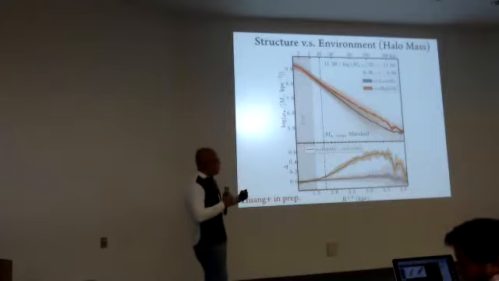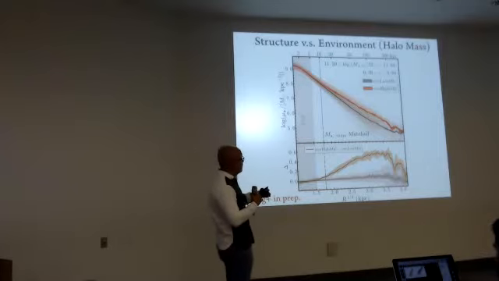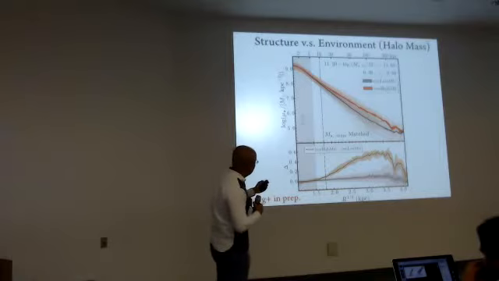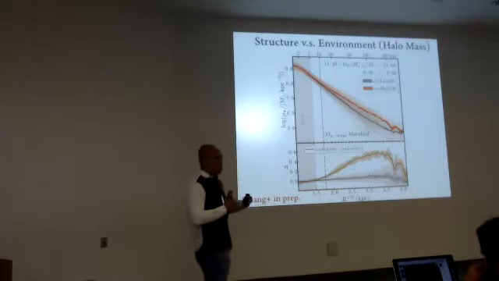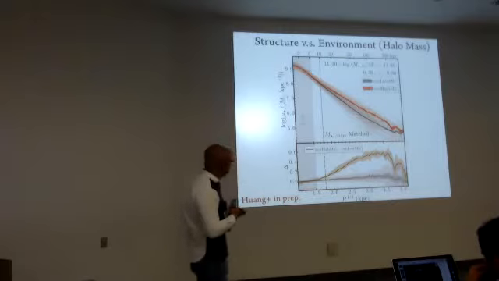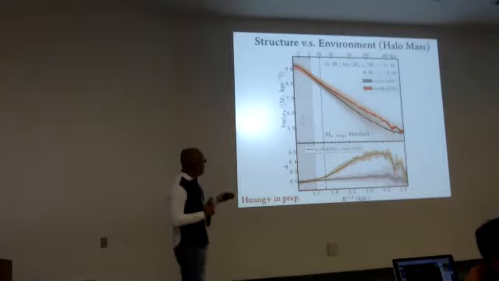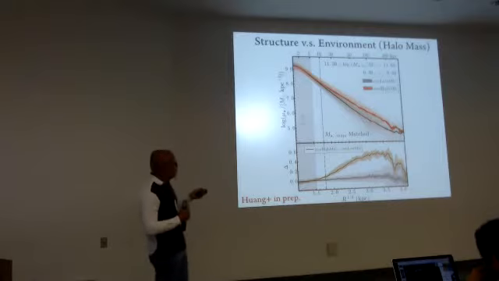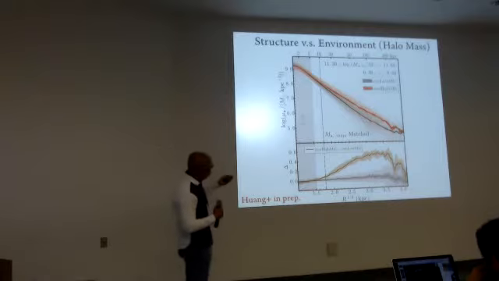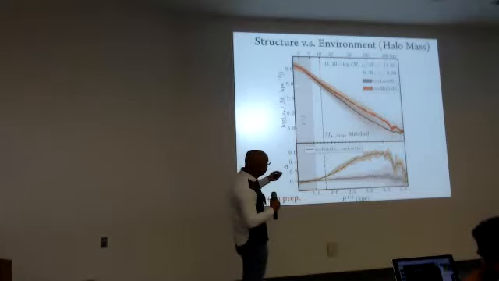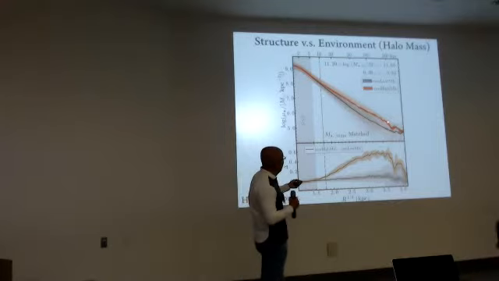Now, if we match these two samples of central galaxies from different halo mass at the fixed stellar mass within 10 kiloparsec, which again is a proxy of the in situ mass, you can see that the distribution of their stellar mass density profile and the average profile are dramatically different. Although their stellar mass profiles are very similar within 10 kiloparsec, the central galaxies from higher mass halos possess a much more prominent outer envelope.